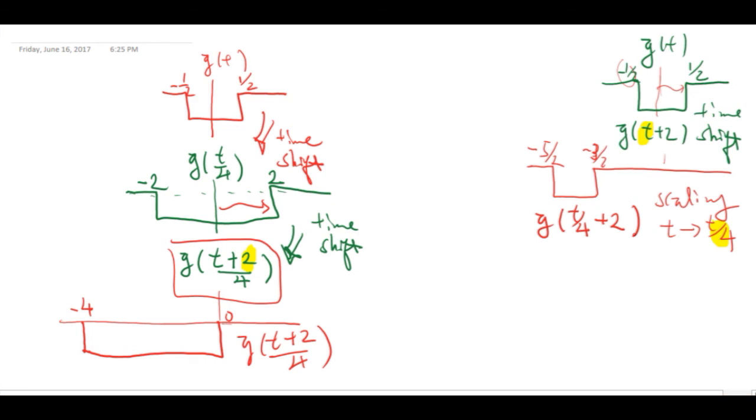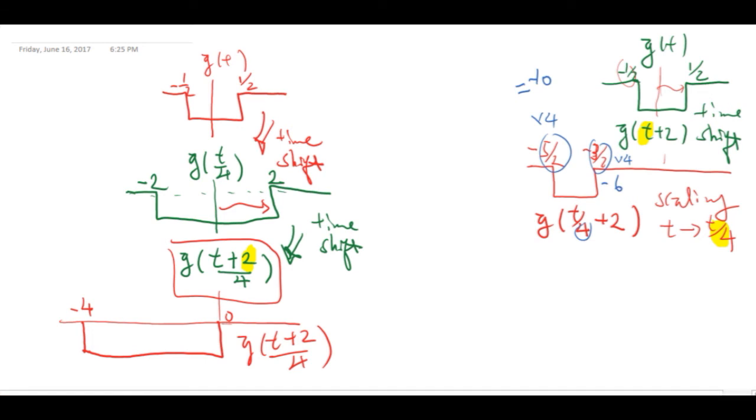What you can see is this one will be multiplied by 4, then will become minus 10, and this one will be multiplied by 4, will become minus 6.